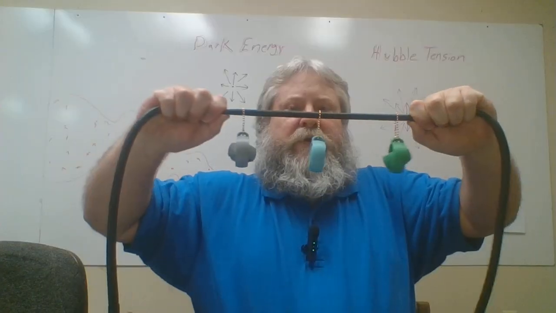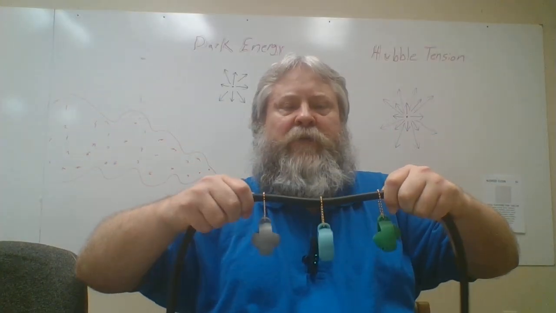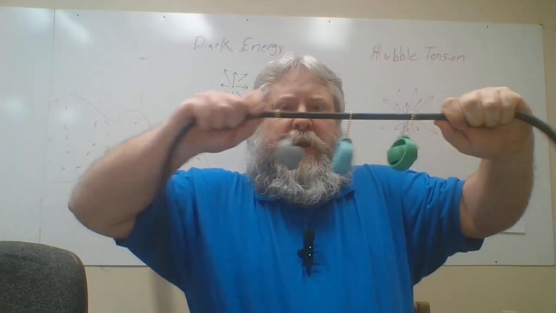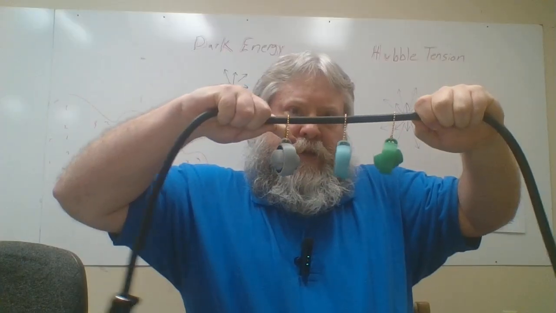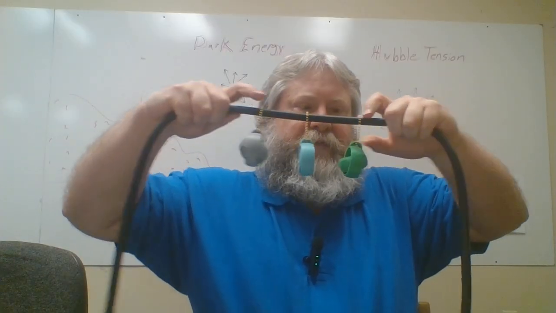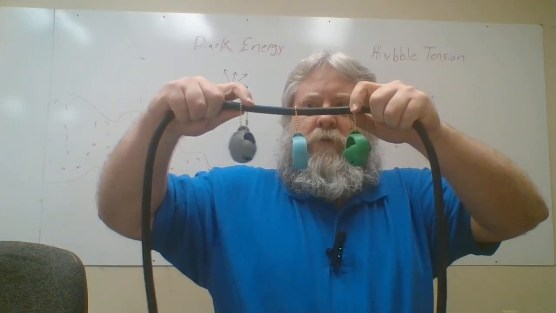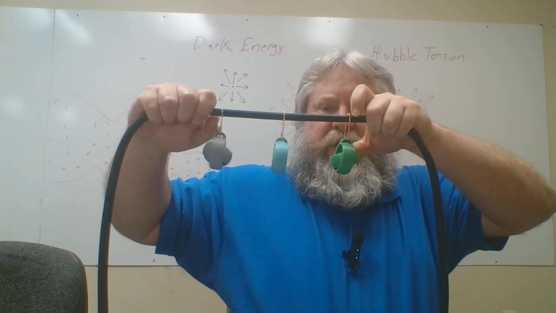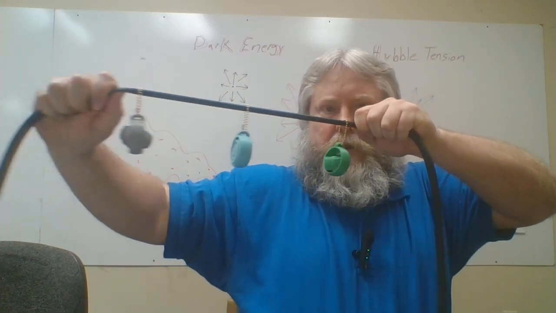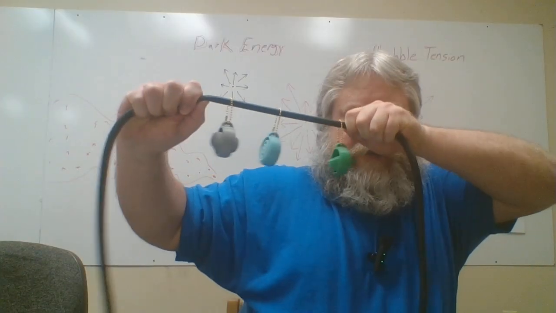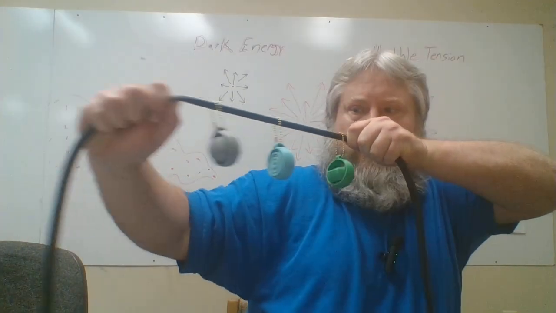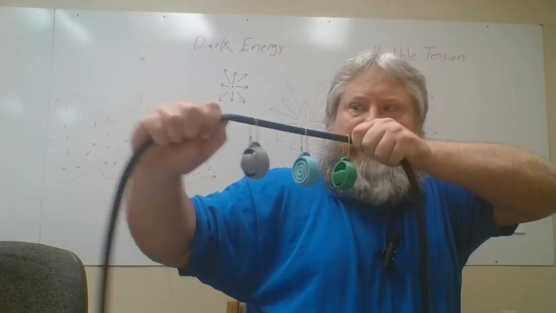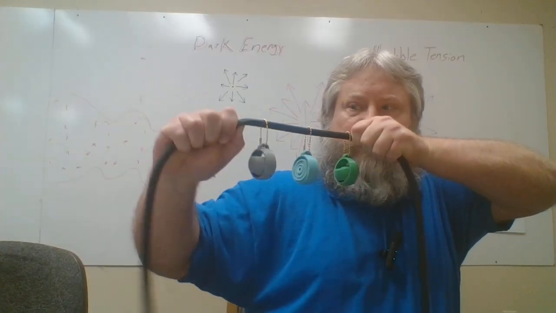And the Big Bang Theory says everything is flying away from everything else, right? Now, say this gray one here is what we believe to be Earth. In fact, let's go with green because, blue and green ball, right? So the middle one is appearing to go away from us if we're looking down this way at a specific rate, and the gray one is appearing to go twice as fast.